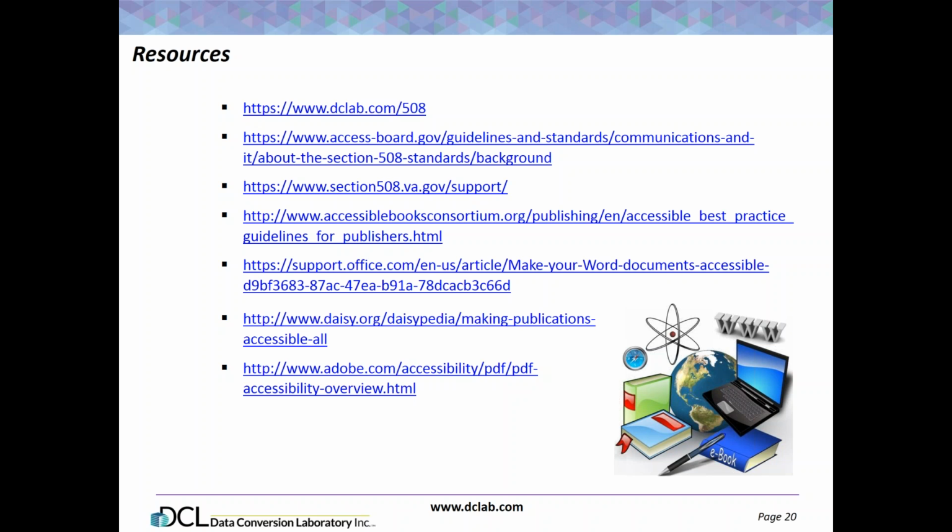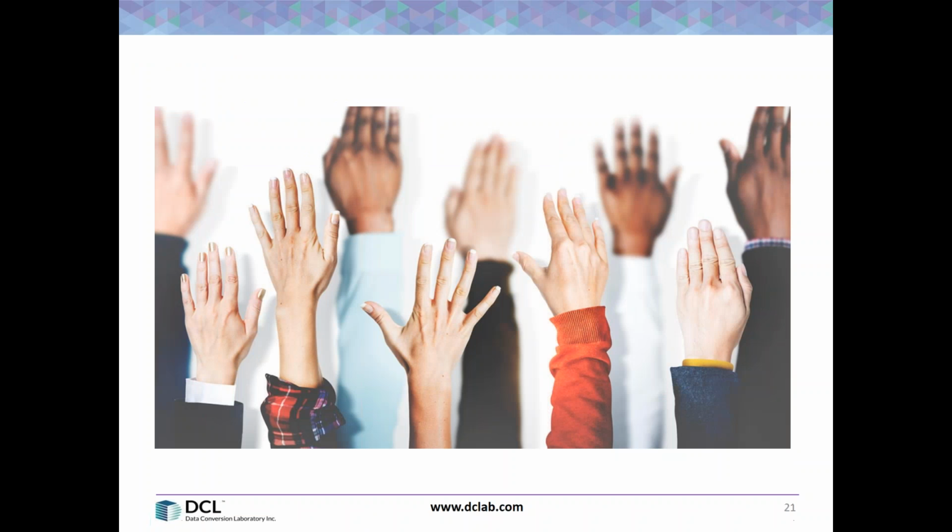That's a Microsoft organization. The DAISY organization is for various kinds of educational materials, and Adobe has PDF accessibility information. So all those are useful. There's a lot more out there, and I hope over time to make more of that information available on our website also. And that's the end of this broadcast, or at least the prepared version.